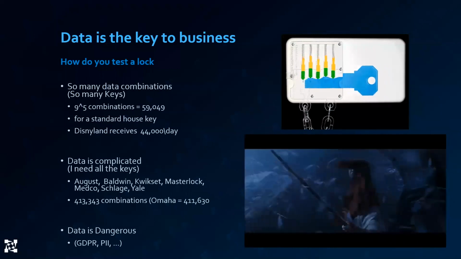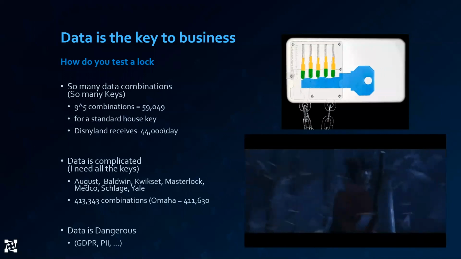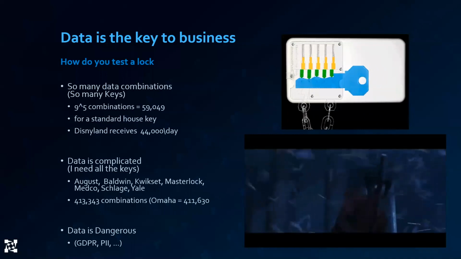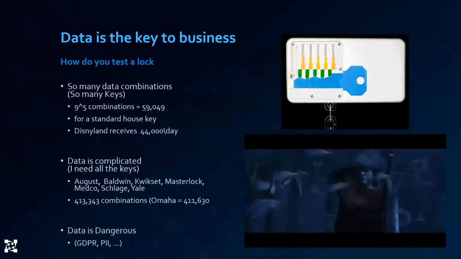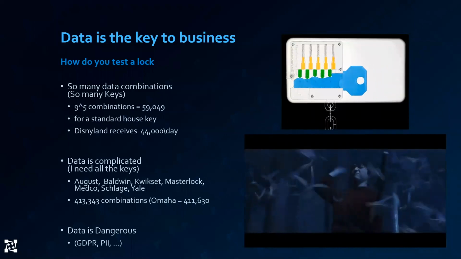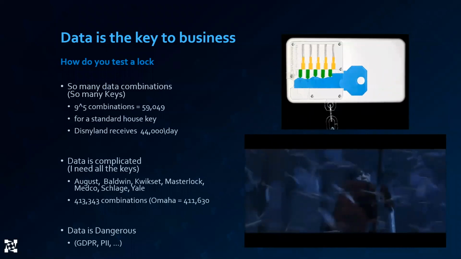They're dangerous. And initiatives like GDPR and PII not only make it dangerous from a brand erosion perspective if we were to ever have a leakage, but there turn out to be fines and compliance issues associated with it. So we need all the data, and we need it to be the right data, but we can't just get all the data. And so that's really the problem.